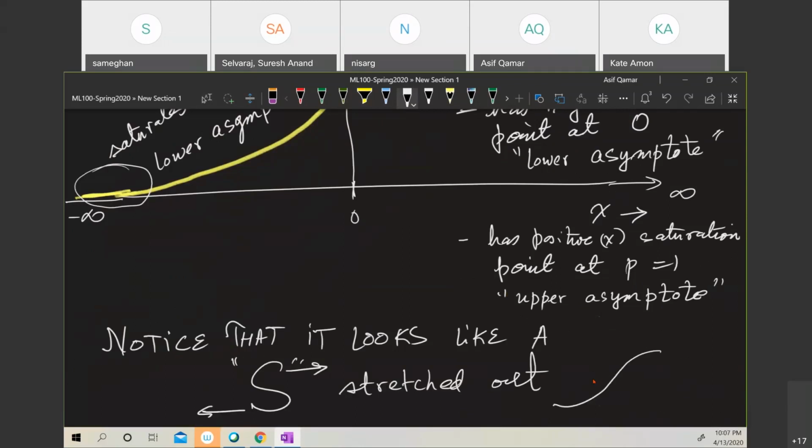Does it look like this, guys? A stretched out S? Do you see that, guys? I would like some confirmation that this is very obvious. You take an S and you stretch it out horizontally, pull in opposite directions at the tips, and it will begin to look like this.